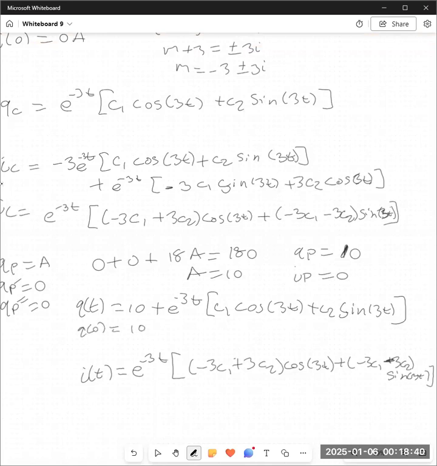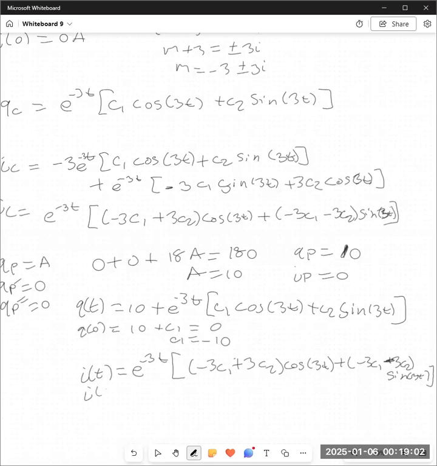Great, let's figure out what Q0 is here. So that's 10 plus C1 that needs to be equal to 0. So C1 is equal to negative 10.